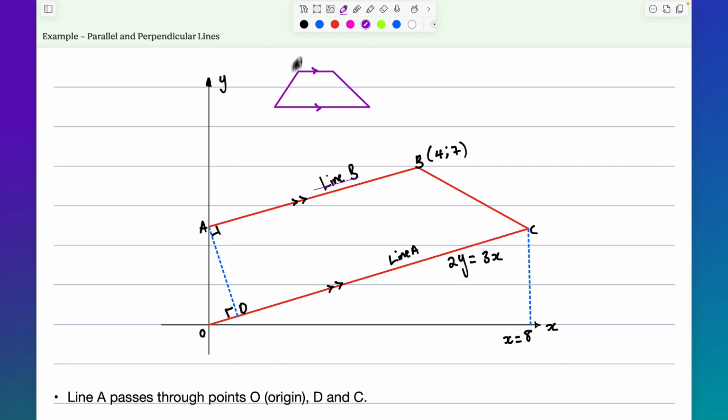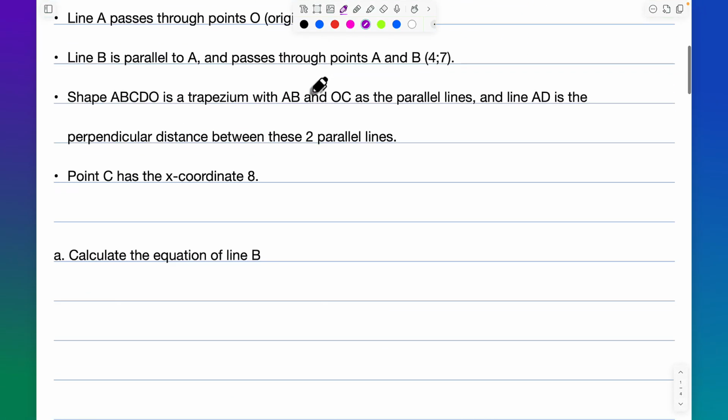So that's going to be A, B, and then this is C, and then it comes back to O. So line BC is this line, and then OA is that line over there. And what they also say, or at least what I'm saying, is we have AD, which is the perpendicular distance between those two parallel lines. Okay, cool, so that is essentially what that means.